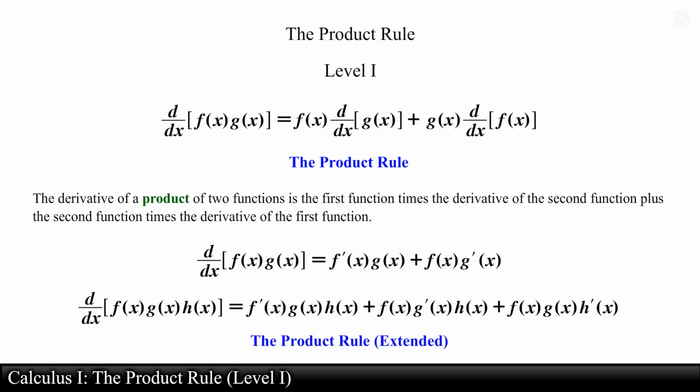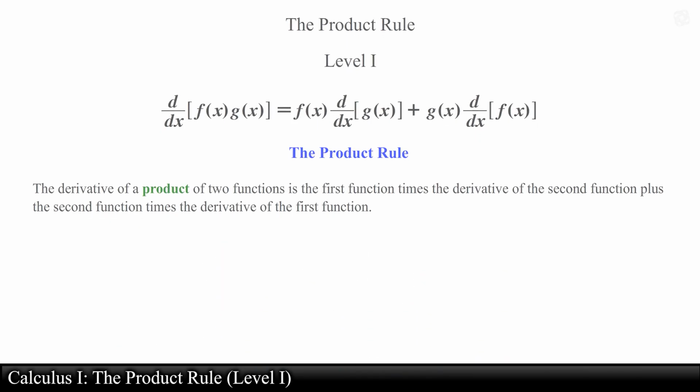Notice that the derivative, or prime symbol, alternates between the functions. This only works if you keep the order of the functions consistent. Keep in mind that the derivative of a product of two functions is not, in general, given by the product of the derivatives. Alright, with that said, let's see the product rule in action and go over some examples.